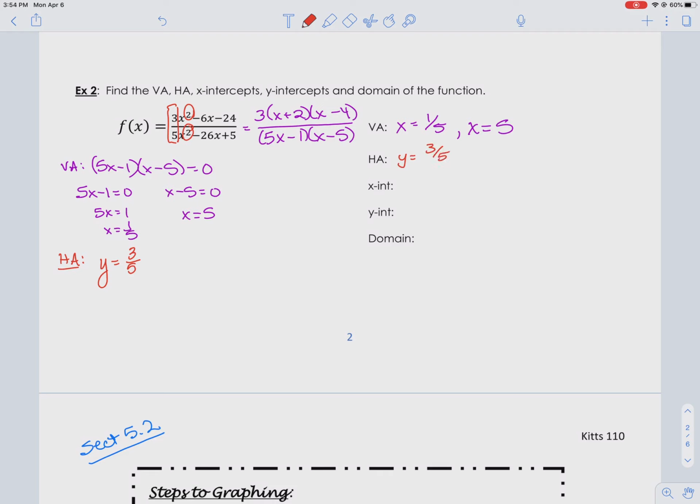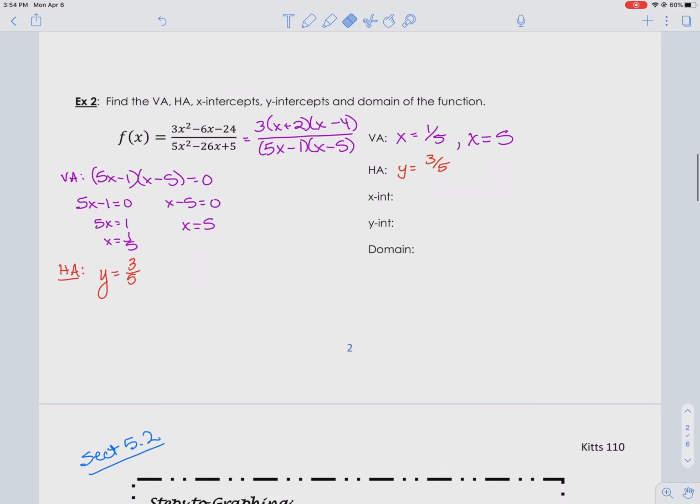Now, to get our x-intercepts, we make the top equal to 0. Notice I didn't say there's any holes in there because there aren't. Notice all of these factors are different, so you can't cancel any out.